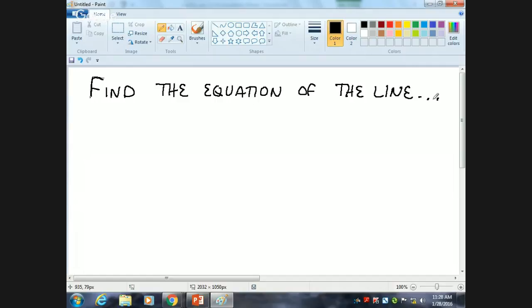There's all these different things that begin with that expression, find the equation of a line. Your ability to do these problems is going to be dependent upon your ability to read them for what they actually are supposed to be saying to you.